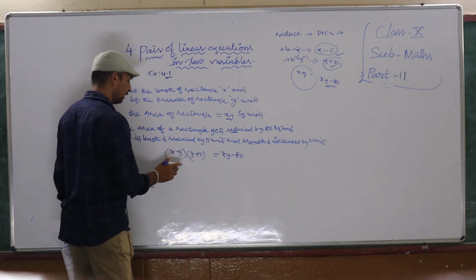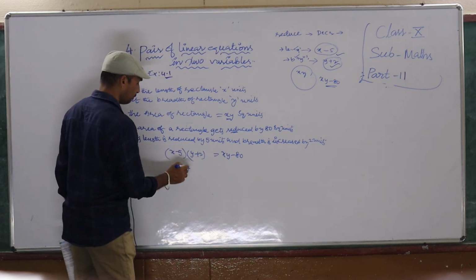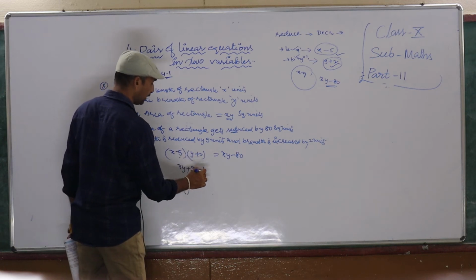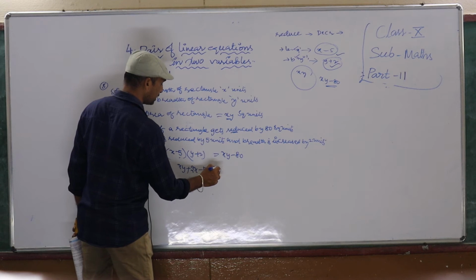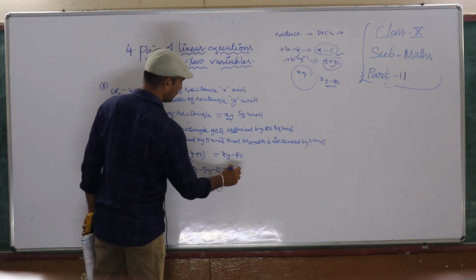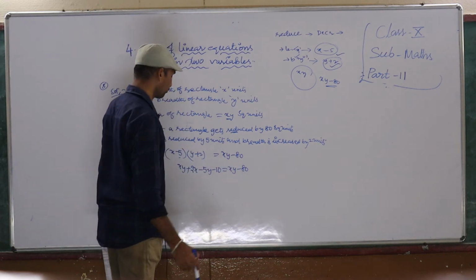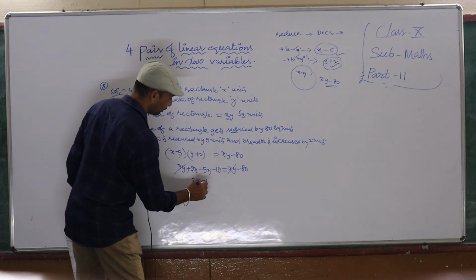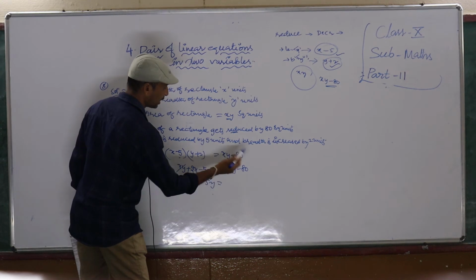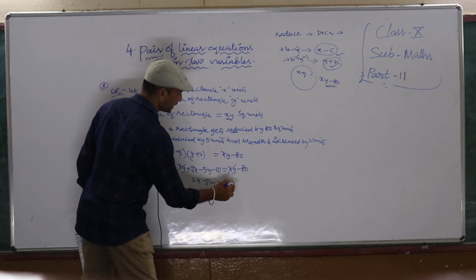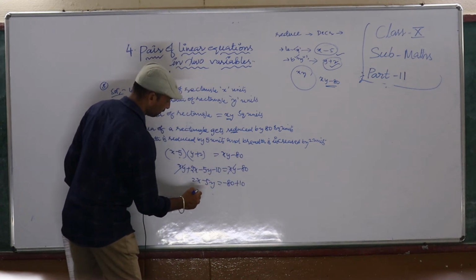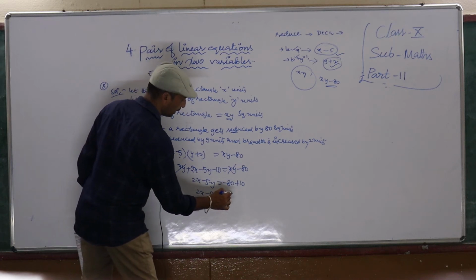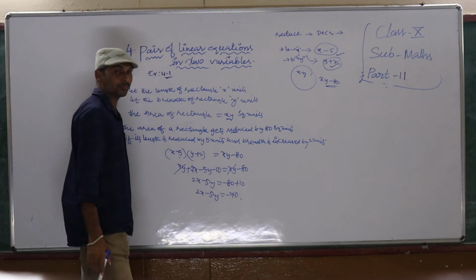Then x into y xy plus x into 2 2x minus 5y minus 10 is equal to xy minus 80. xy cancel, then 2x minus 5y, this 10 transpose, minus 80 plus 10, then 2x minus 5y is equal to minus 70.